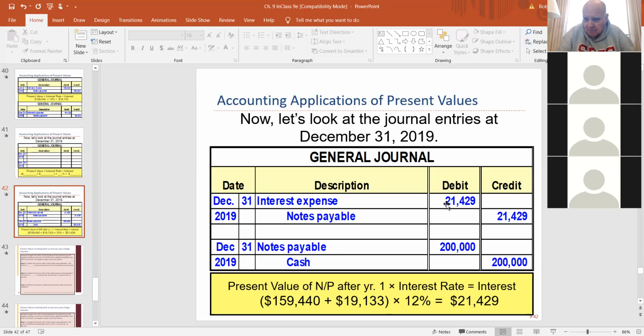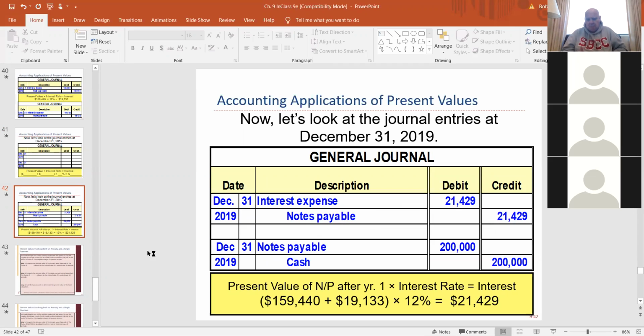In the second year, the interest expense has gotten higher because the present value is rising. So in the second year, at the end of the note, we debit interest expense, credit notes payable, and now on that same day, the note expires, we pay the $200,000 back.